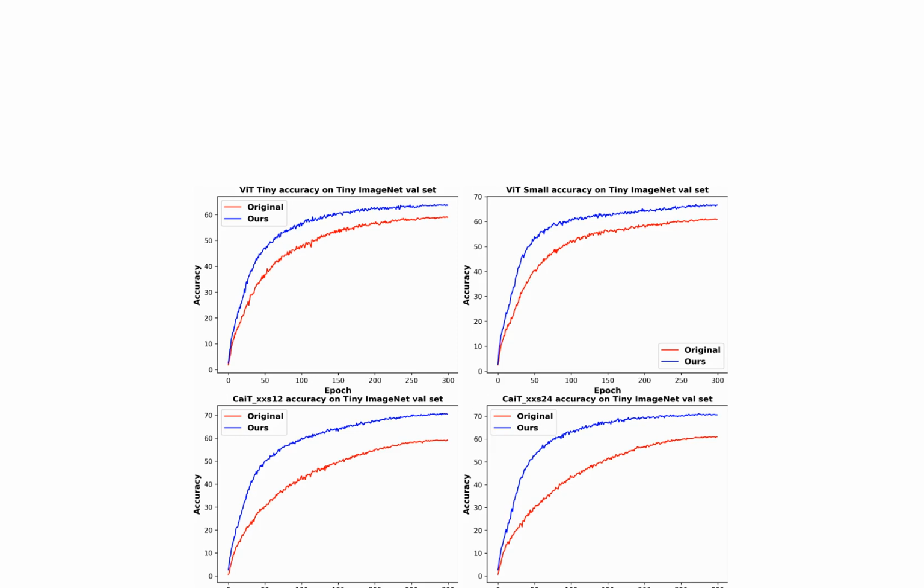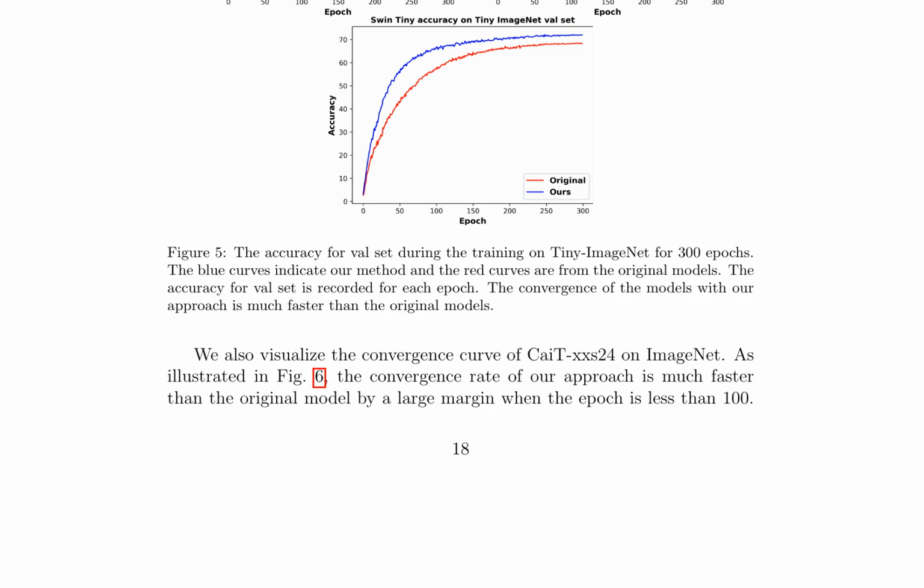In comparison to convolutional counterparts like ResNet, the proposed approach achieves superior performance with minimal parameter and FLOPs overhead. This advantage is more pronounced when the transformer models have deeper layers, such as CaiT-XXS24. Figure 5 illustrates the convergence curve of the models on Tiny-ImageNet, with the proposed method, blue curves, achieving faster convergence than the original models, red curves.